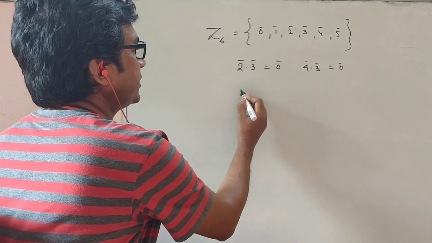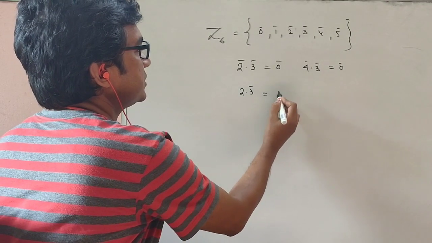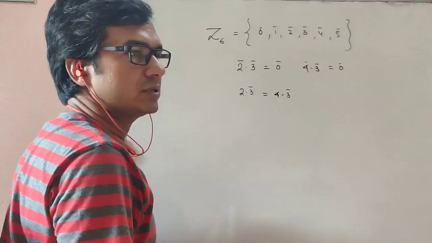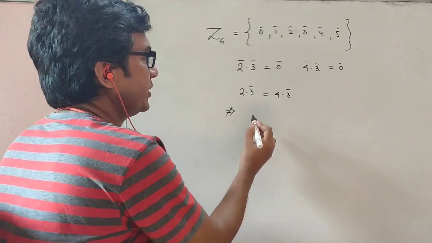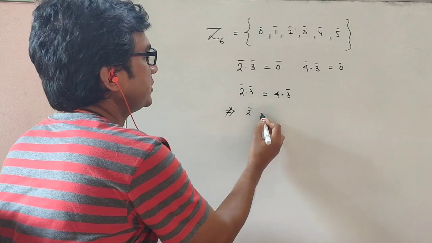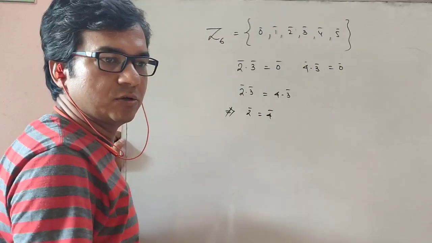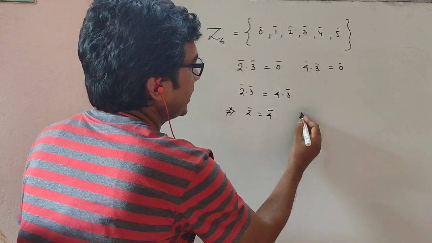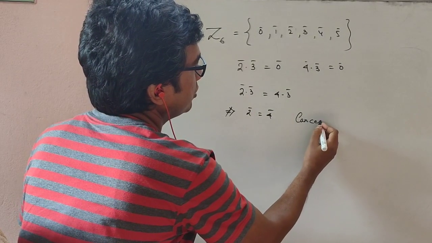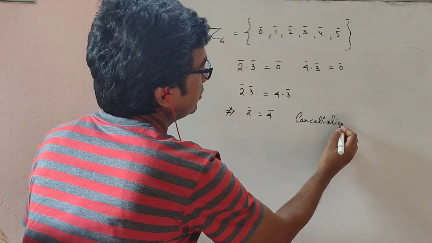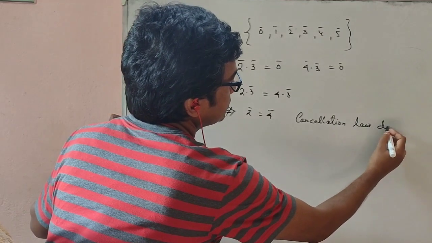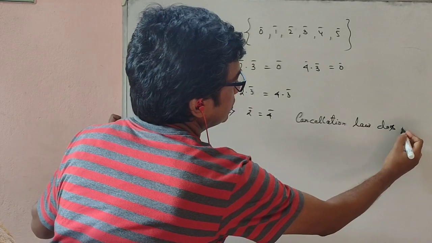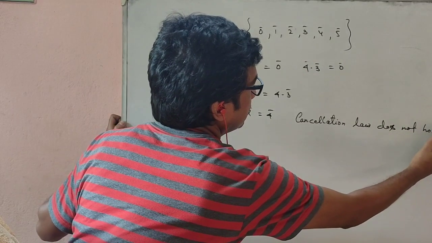So we can write 2+ times 3+ equals 4+ times 3+. But this does not imply 2+ equals 4+. So we see that the cancellation law does not hold.